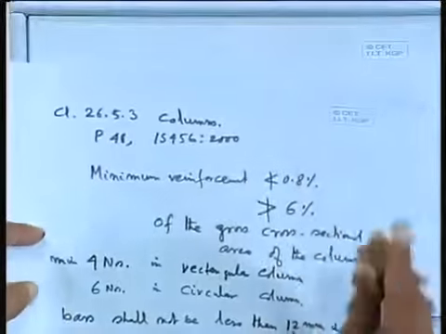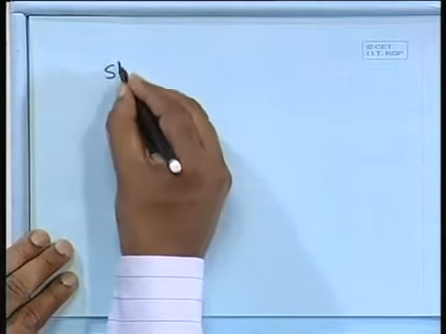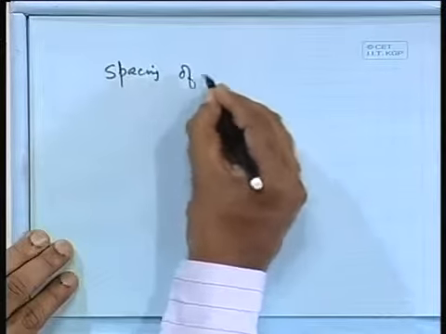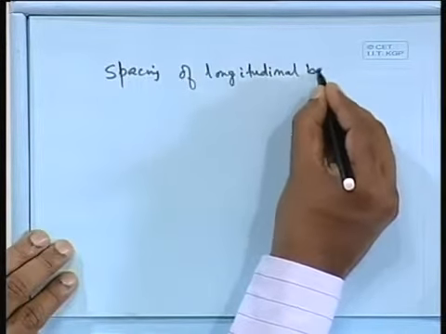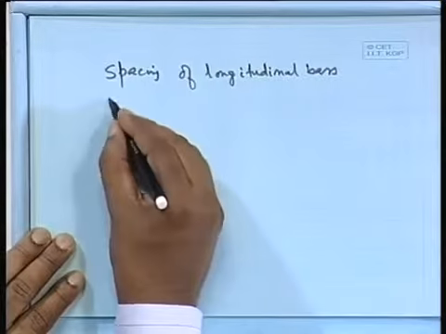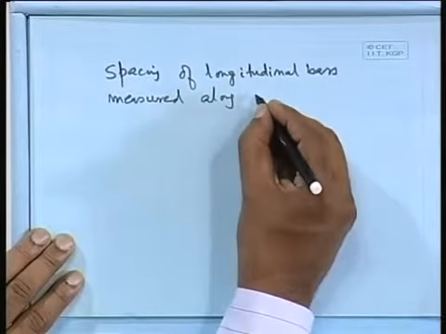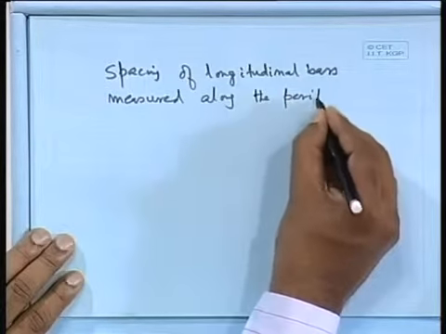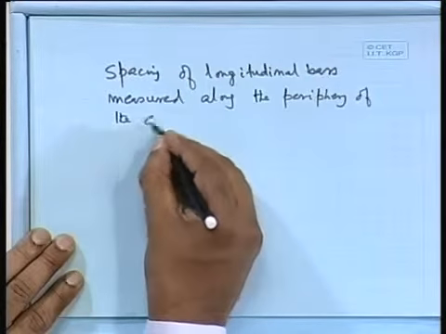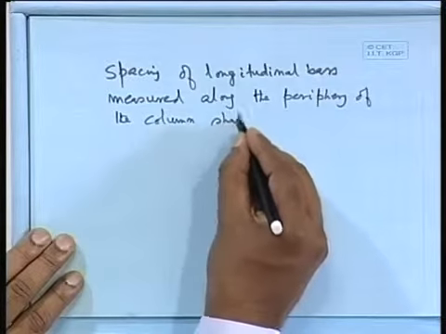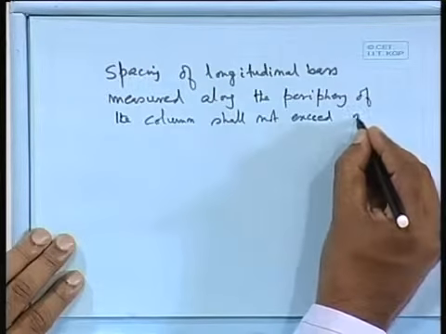Then we can have spacing of longitudinal bars measured along the periphery of the column shall not exceed 300 millimeter.